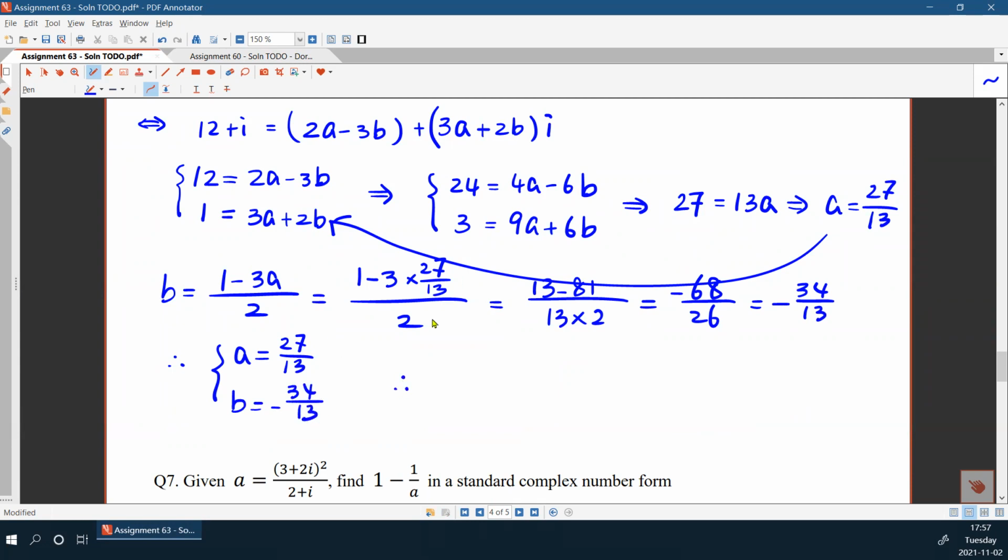And the other complex number is, of course, 27 over 13 minus 34 over 13 i, right?